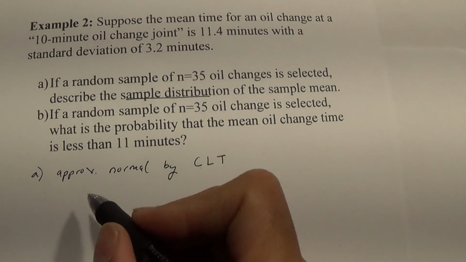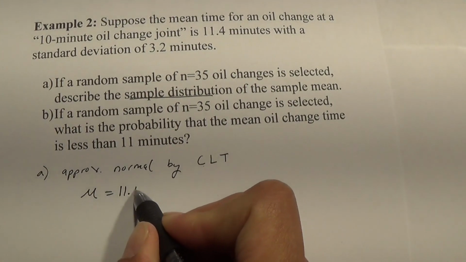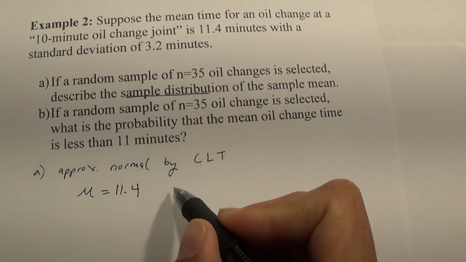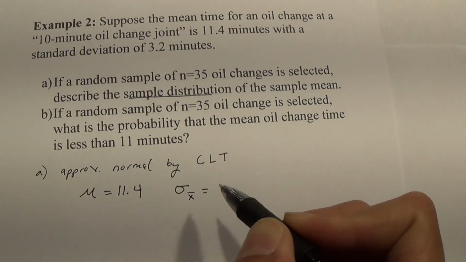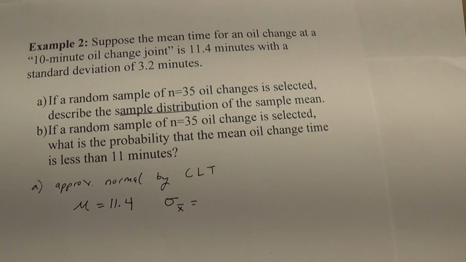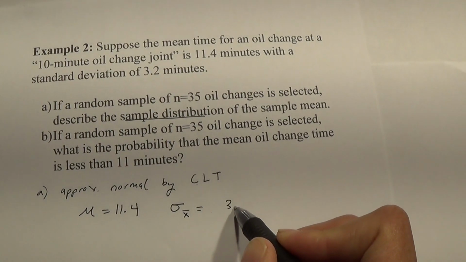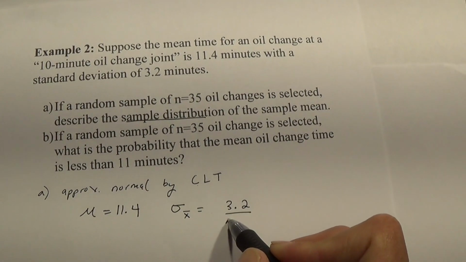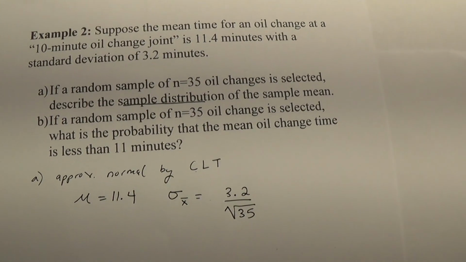Now the mean is 11.4 minutes, and the standard deviation of the sample mean by the central limit theorem is 3.2 divided by the square root of 35.